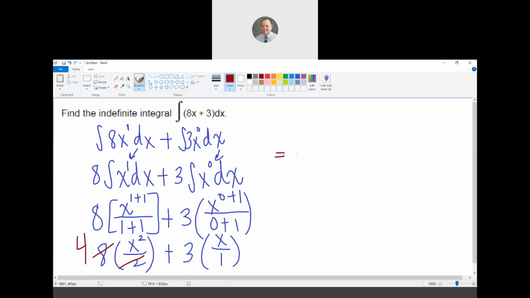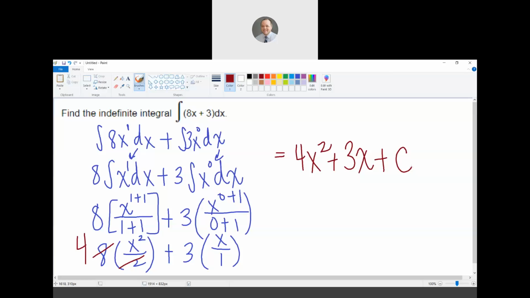And our final answer is 4x squared plus 3x. And with indefinite integrals, you must put a plus c to denote any arbitrary constant.